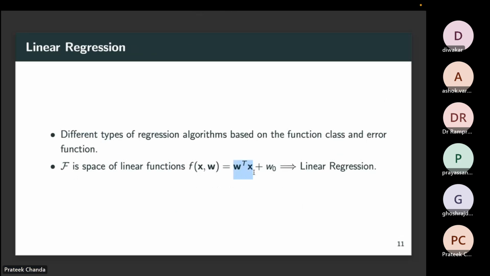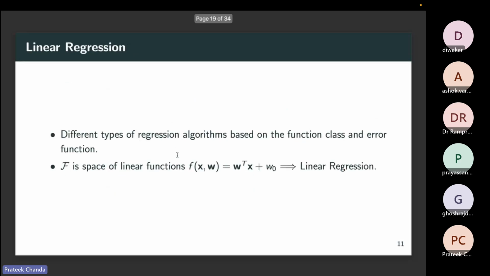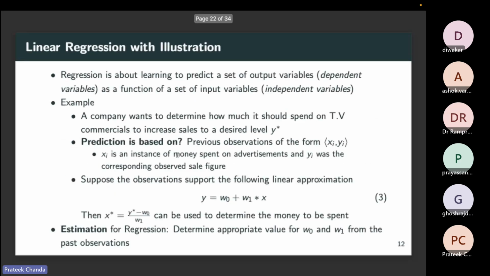If you just expand this expression, x is actually x1 up till x1d, and w is a column vector of w1 till wd. So it would be fairly easy.